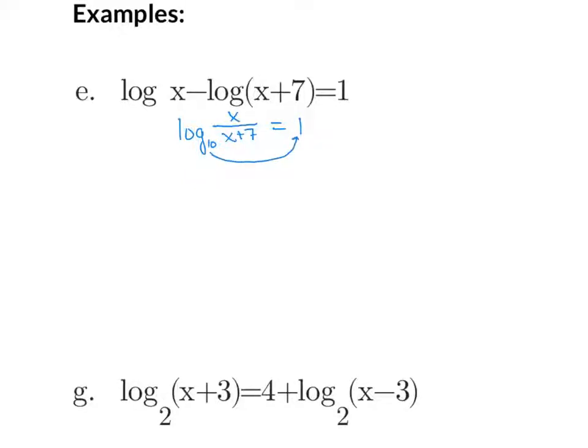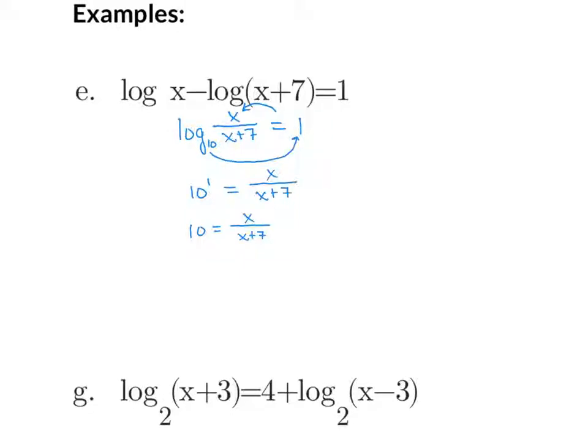So we get 10 to the 1 equals x over x plus 7. We want to evaluate our exponent. 10 to the 1 is just 10. And we have x over x plus 7.